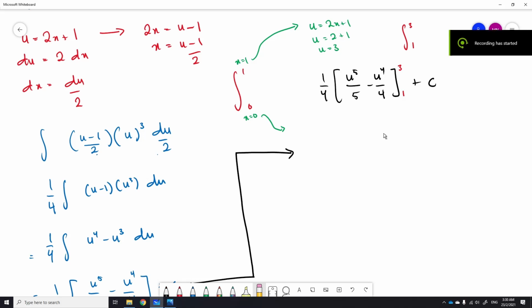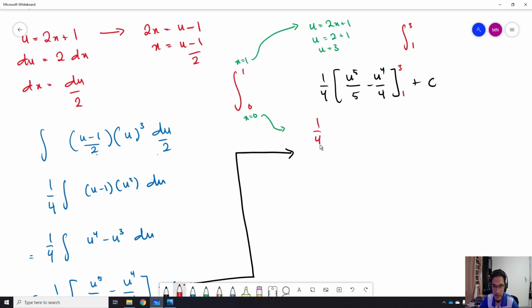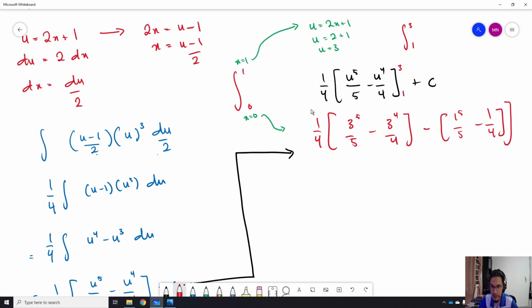Okay, so now it becomes 1 over 4 times [3^5 over 5 minus 3^4 over 4] minus [1^5 over 5 minus 1 over 4]. Okay, so this is our substitution, and the final answer will be the same as before, that is 71 over 10.